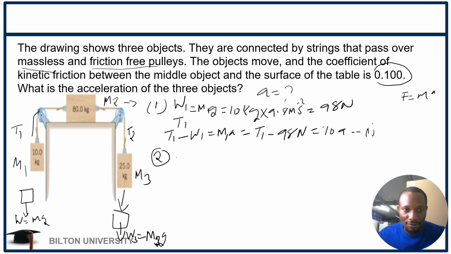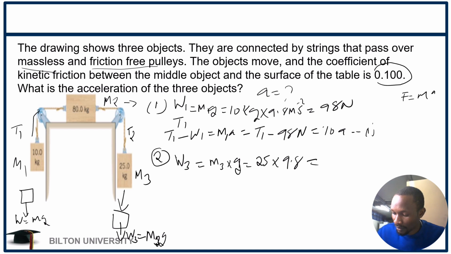W3 is 25 times 9.8, and that gives us 245 Newtons. Another force acting on M3 is T2.